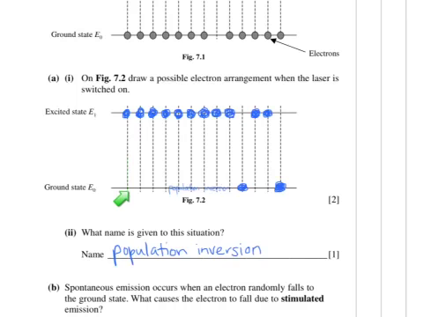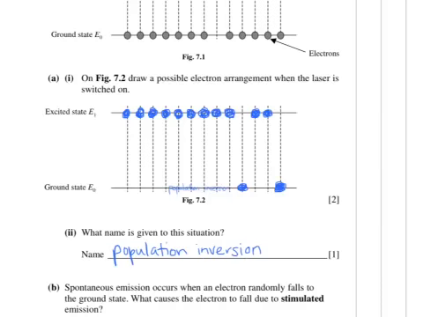Because of the electron falling down, it then emits a photon of the energy difference. And that means 2 photons will then be travelling. So if you imagine the first one coming in, which is of the same energy as the difference between these two, hits the atom, this electron falls down, and then 2 photons go out together.